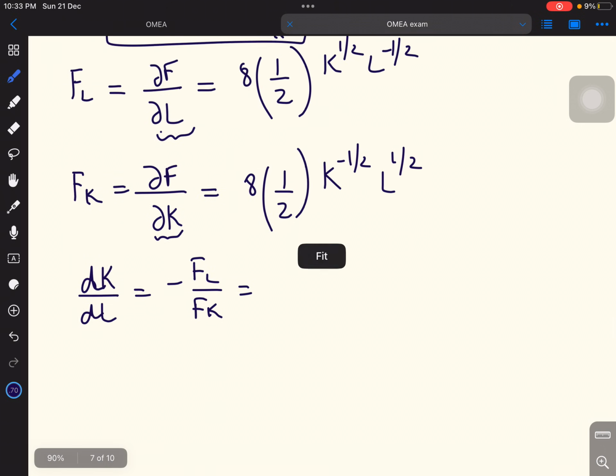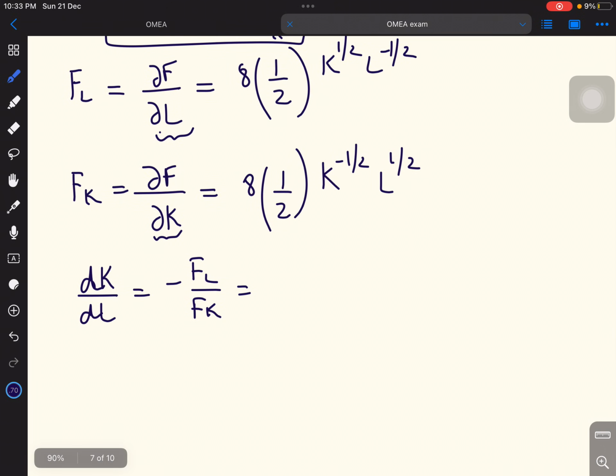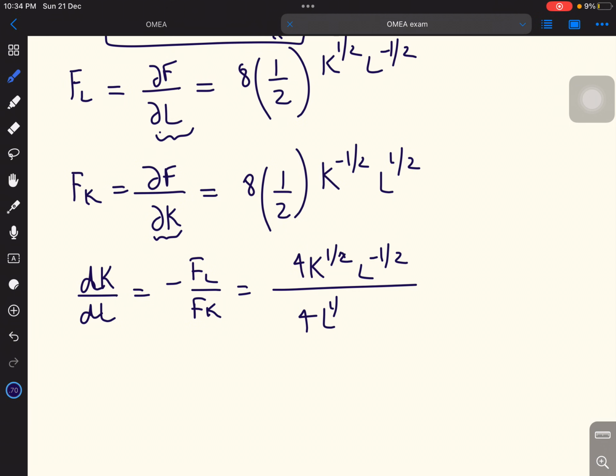Putting in the values, we will get 4K^(1/2) L^(-1/2) divided by 4L^(1/2) K^(-1/2). So that means this is going to give us K by L. So our dK/dL is equal to K/L.